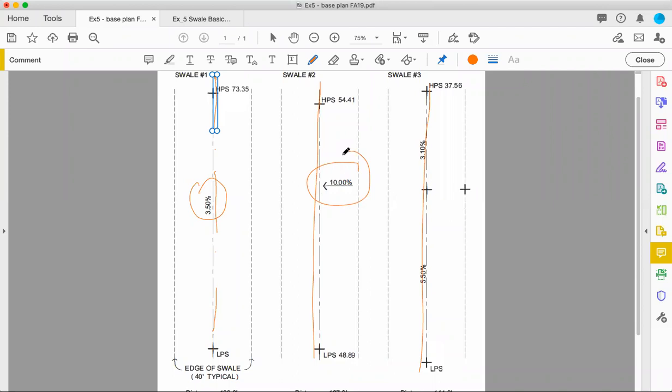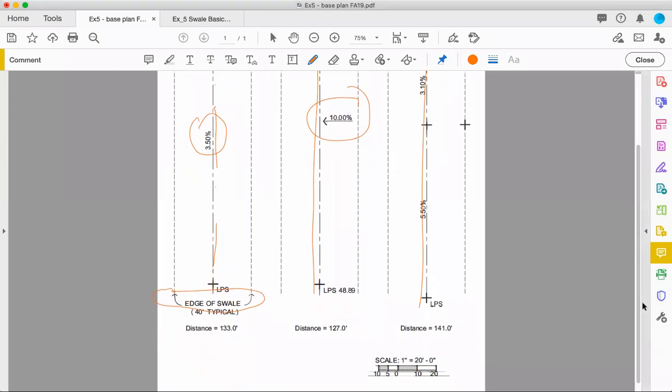If we scroll down, we see the edge of the swell, 40 feet typical. That just means the width of the swells. All of the 3 are 40 feet, the same. You could also measure them in CAD. The next thing, if we scroll down, you will see distance.